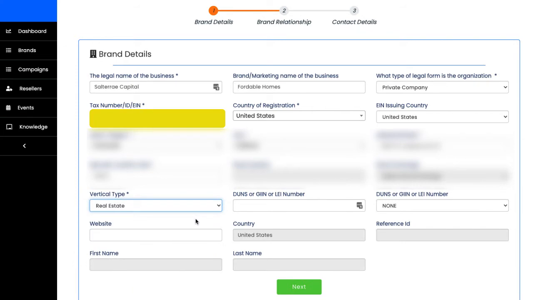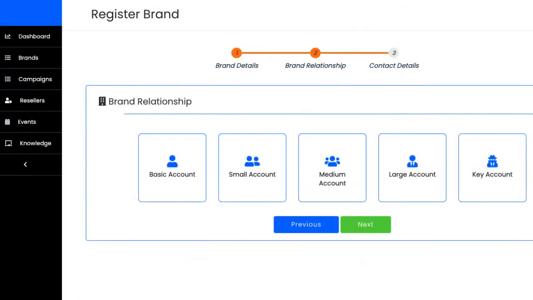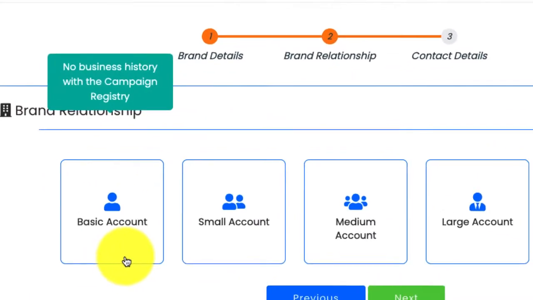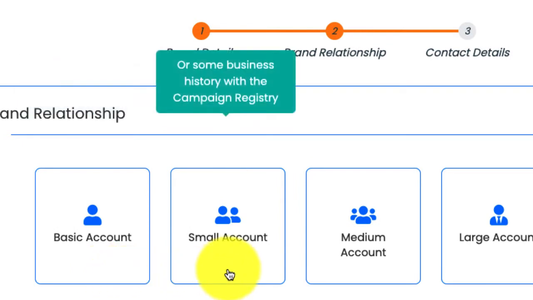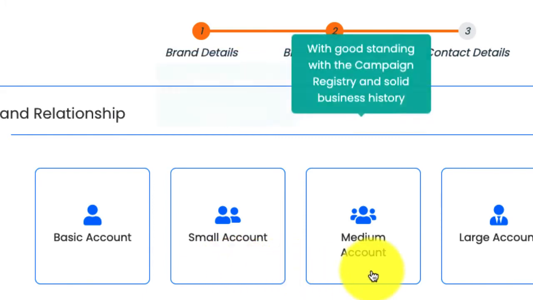So now that I've gone through that, I just simply filled out the information that it was asking me for on that page. We have a little bit of information about each one of these categories. So depending on your history with messaging, you may be picking one of these here.